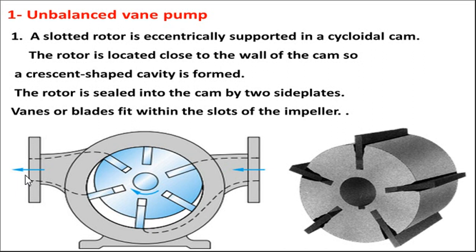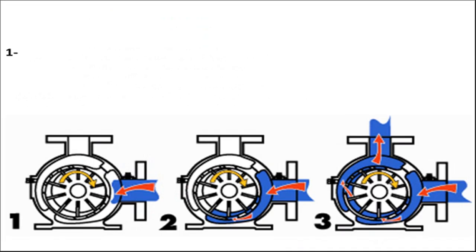Why is it called the unbalanced type? Because there is a radial thrust, an axial thrust, which acts on this pump from one side. Because of that, it is called an unbalanced type of vane pump. In this animation, you can see exactly how this unbalanced type vane pump functions.